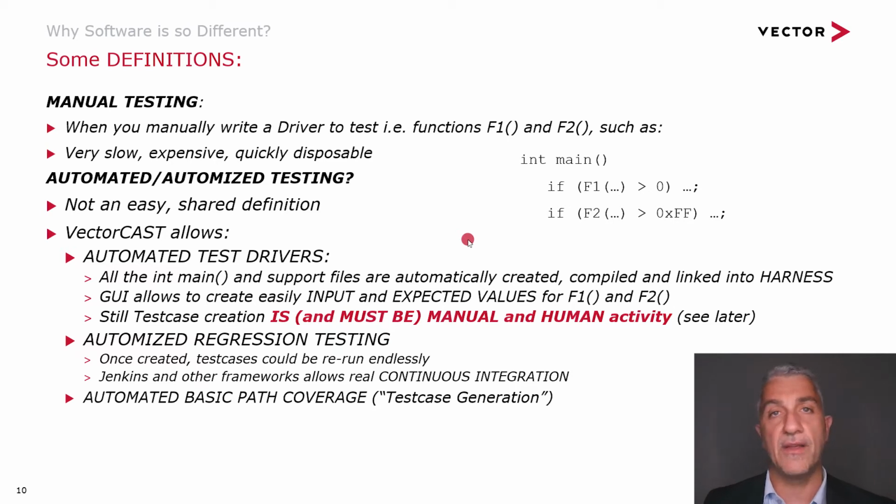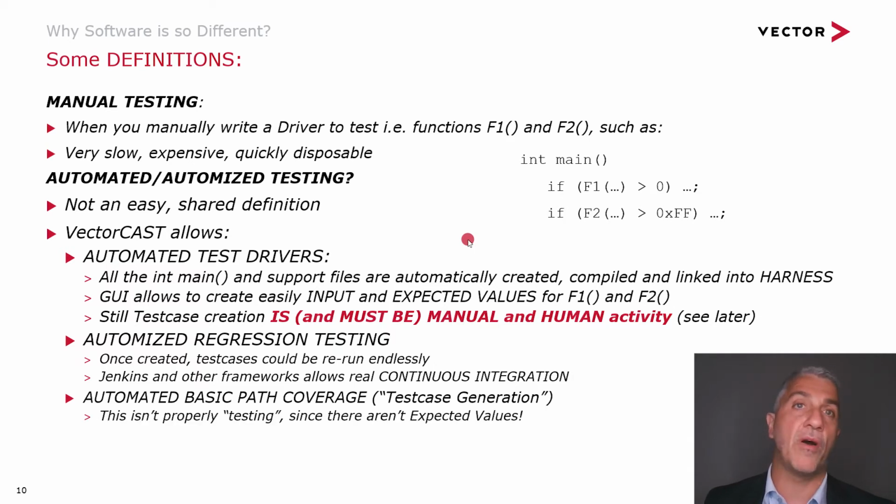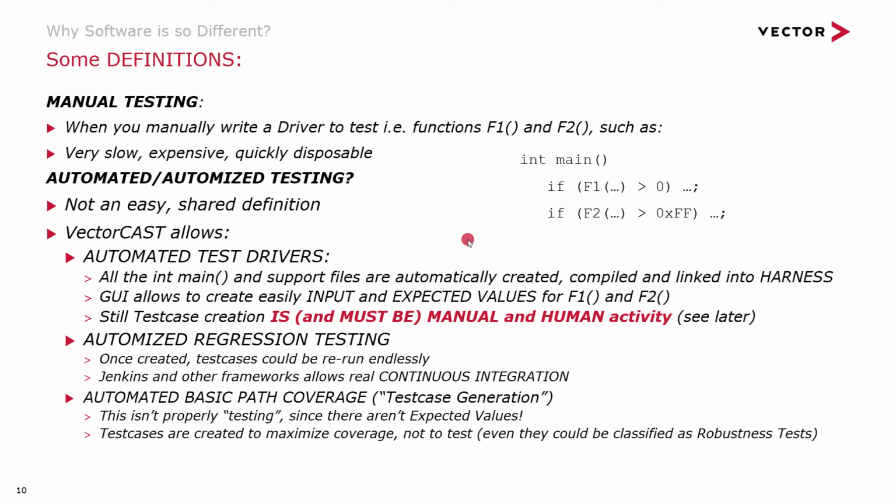That is called also test case generation, but that is not the correct definition, because this isn't properly testing, because there are no expected values. The test cases are created just to maximize the coverage, not to test the software. Even if some form of robustness test could be created thanks to this automated basis path coverage.